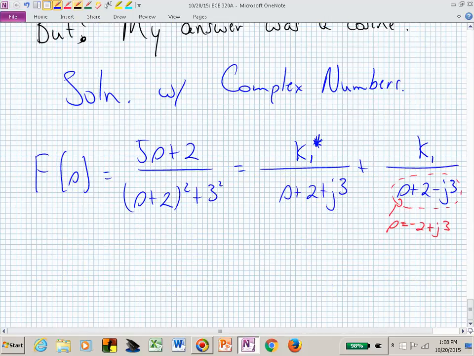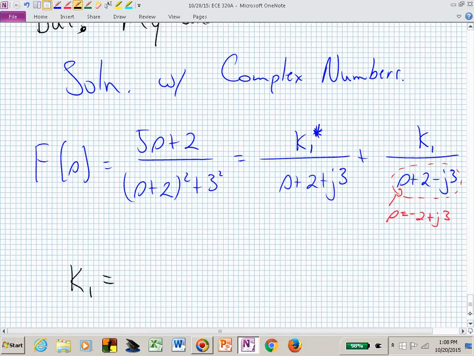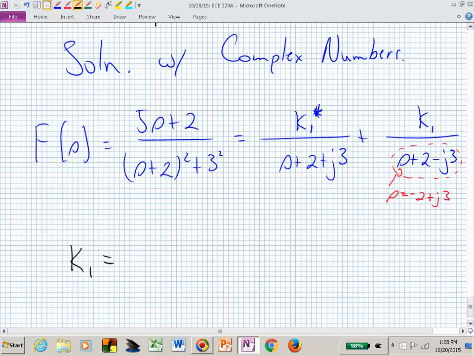And now let's just solve for K1. What do we need to multiply by? And what do we, that's capital F of s, and then we're evaluating where? Are you connecting all of these dots?